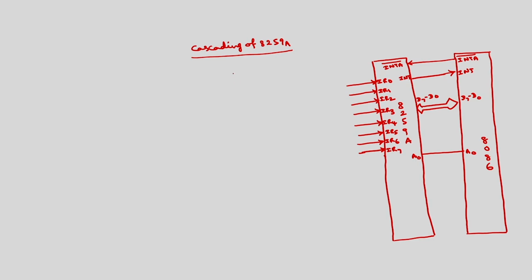Then if I use another 8259A, it will also have 8 different IRs, IR0 to IR7, so we can connect one more.